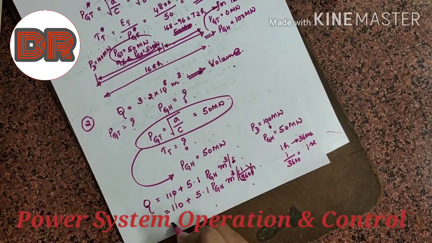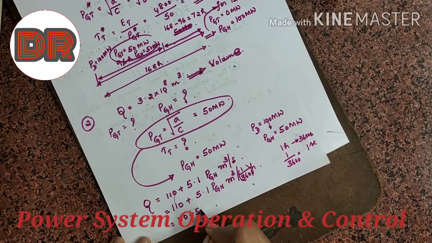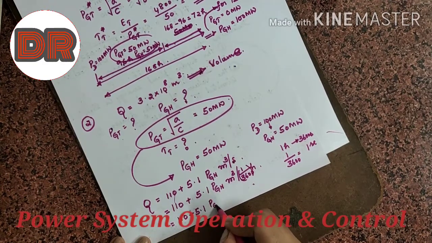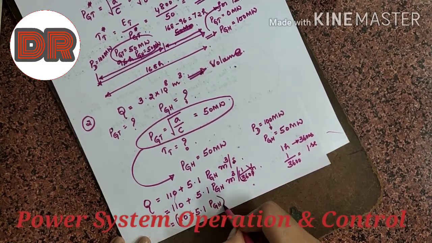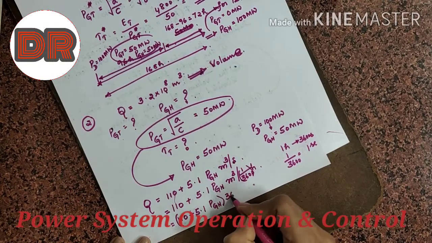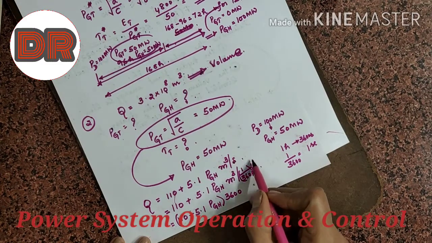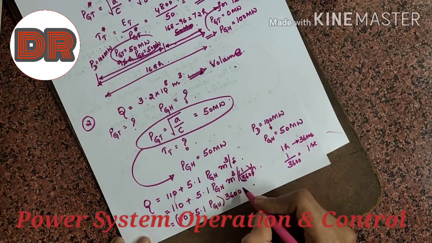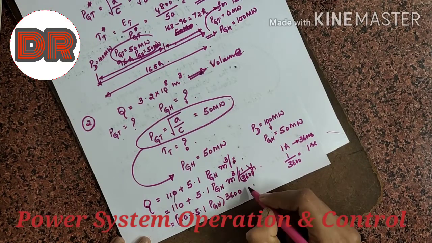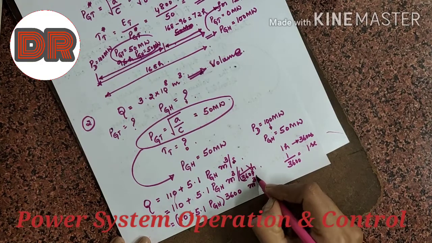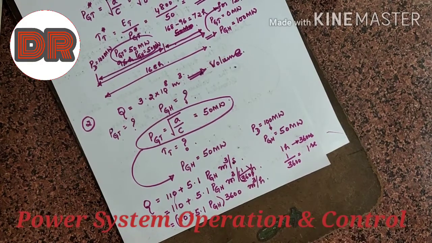So now we have converted. So we have here 110 plus 5.1 PGH into 3600. Why into? Because here you see it is in the denominator, meter cube per 1 by 3600 hour. So we can take it into the numerator. So this is into 3600 meter cube per hour now.